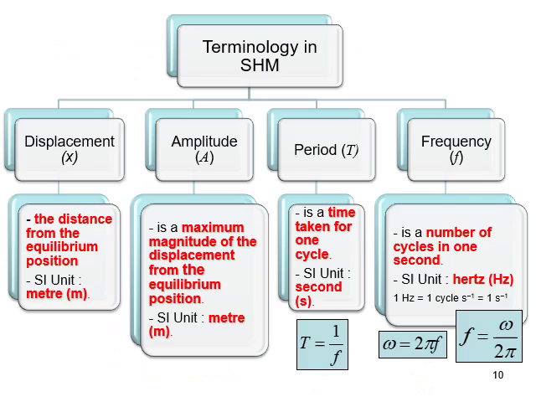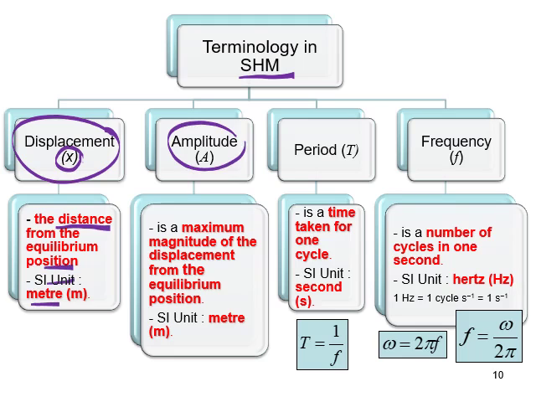These are the terms of SHM. 1. Displacement, symbol x, is defined as the distance from the equilibrium position. SI unit meter. 2. Amplitude, symbol capital A, is defined as the maximum magnitude of the displacement from equilibrium position.